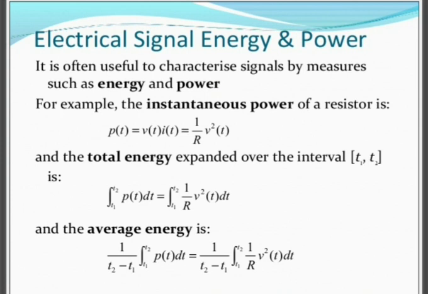If the signal is non-periodic, then it is called an energy signal. All the sinusoids, that is sine wave and cosine wave, are power signals, and power is given by P equal to amplitude square divided by 2.